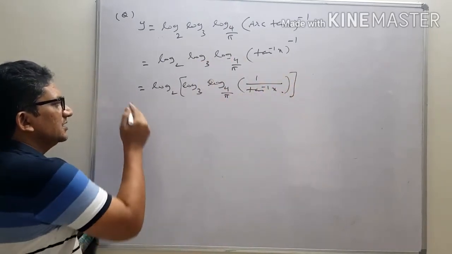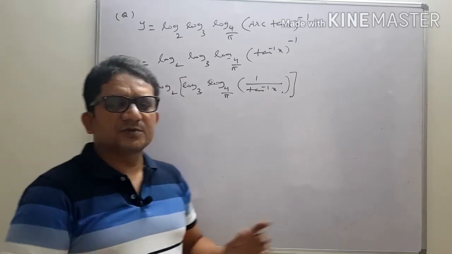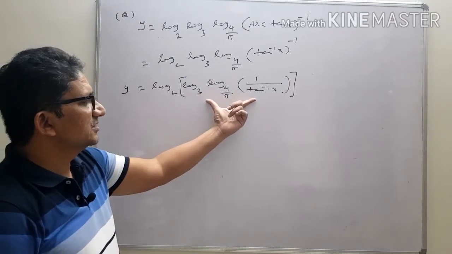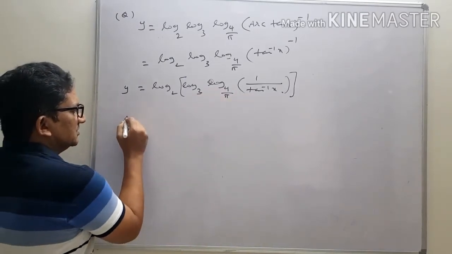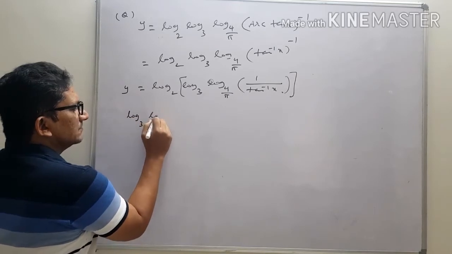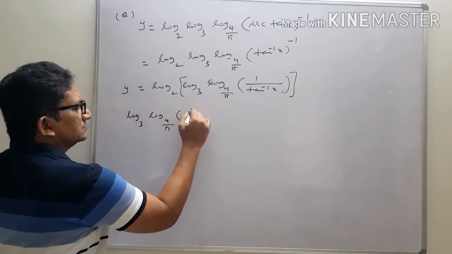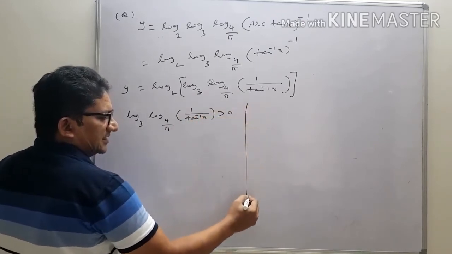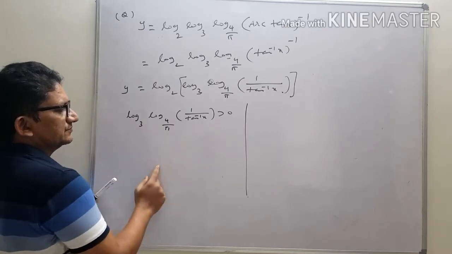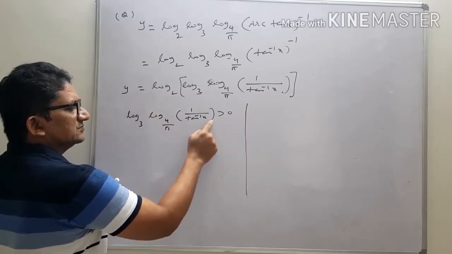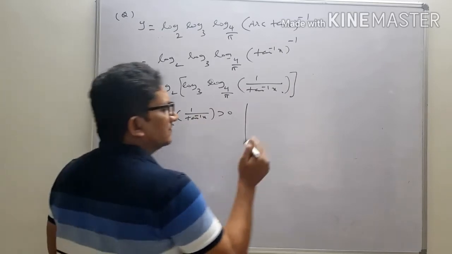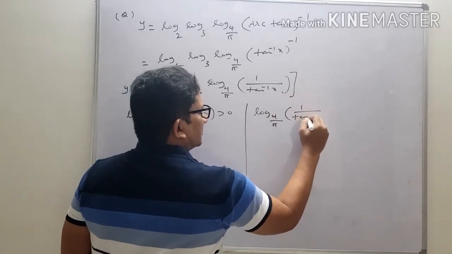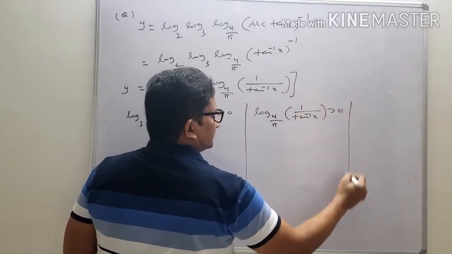Now we need the domain of this logarithmic function. We know log x is defined only when x is greater than 0, where x is whatever is inside the bracket. So log base 3, log base 4 by 5, 1 by tan inverse x should be greater than 0. Next, for this logarithm, the inside function must be positive: logarithm base 4 by 5 of 1 by tan inverse x is greater than 0.